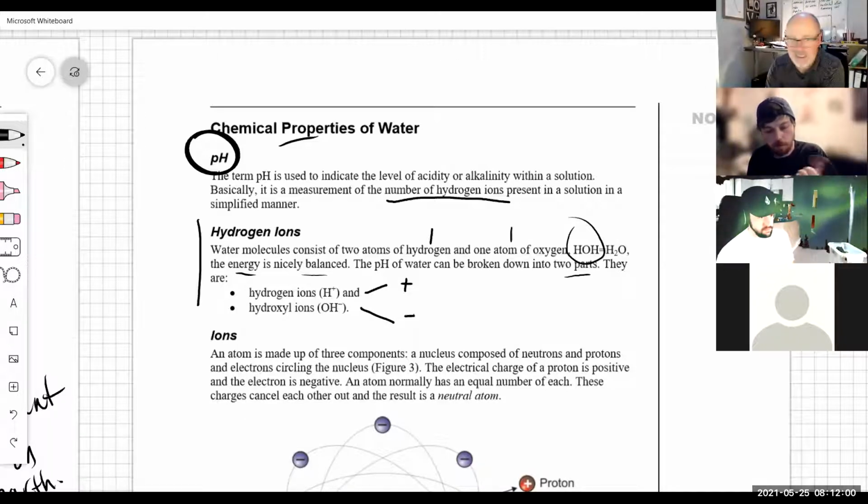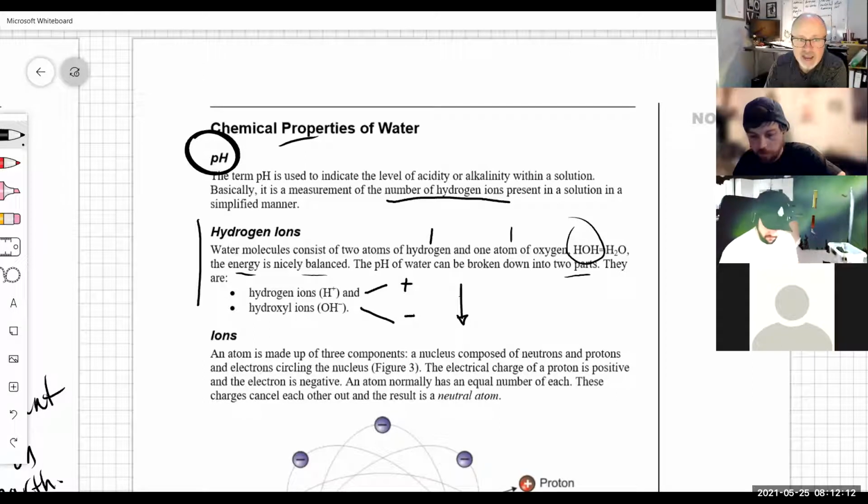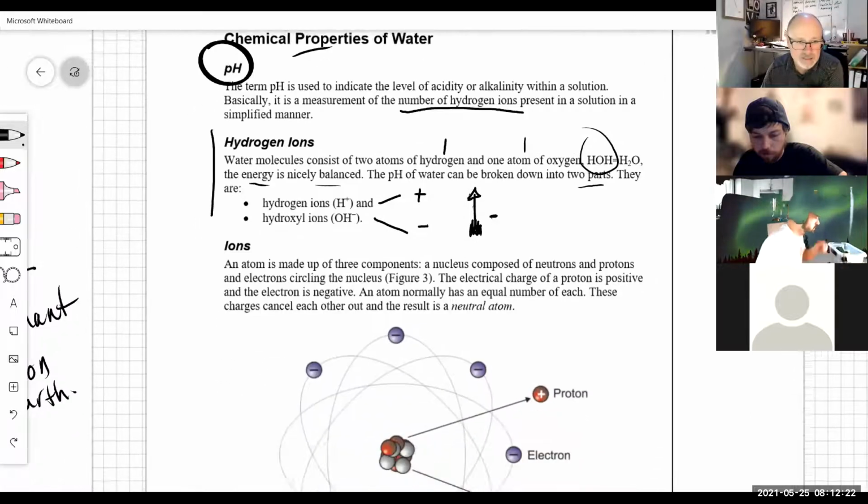They're trying to take these hydrogen and hydroxyl ions out of the water so it is more neutral, right? So if you have more hydrogen ions, it becomes more acidic, okay? And then the less, it becomes less acidic. So we'll talk about that in a second.